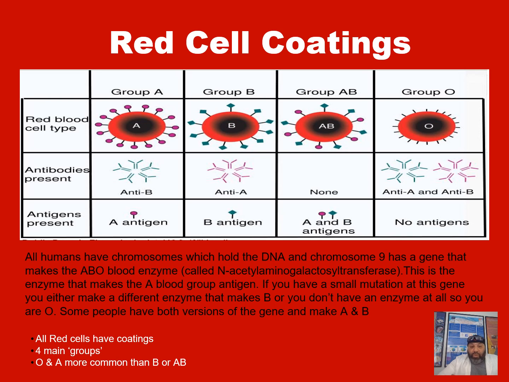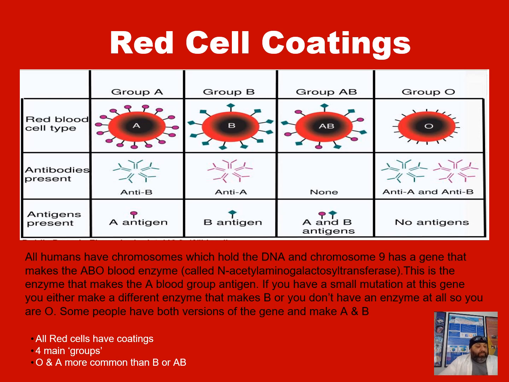So all humans have chromosomes, which hold the DNA, and chromosome 9 has a gene that makes the ABO blood enzyme, termed N-acetylgalactosyl transferase, and this is the enzyme that actually makes the A blood group antigen.